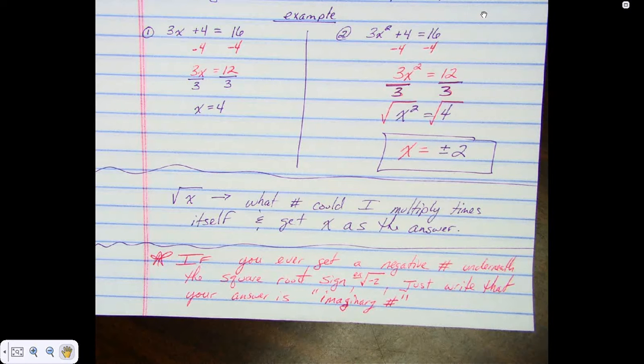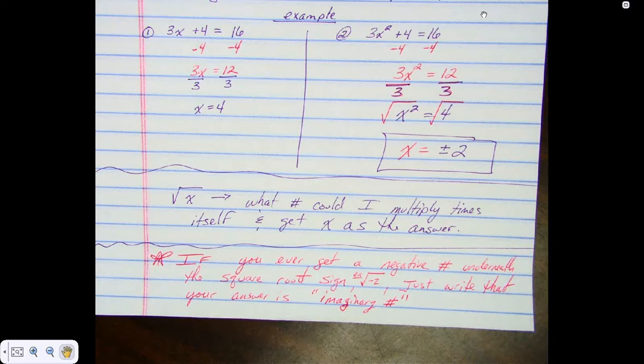If you ever get an answer that has a negative number underneath the square root sign, think about it. What number could you square and get a negative 9 as an answer? If you square negative 3, you end up getting a positive 9. If you square positive 3, you end up getting a positive 9. So there's no way to square anything and get a negative 9.